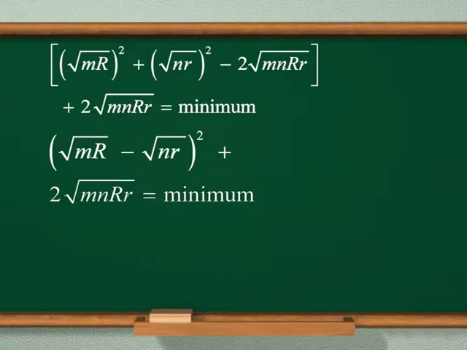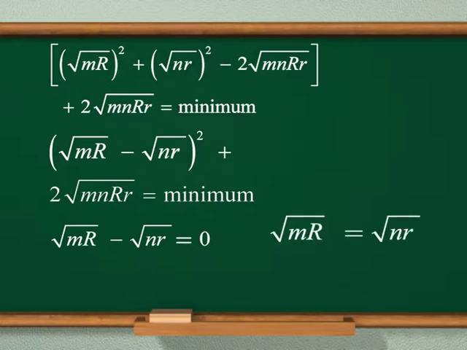This will be so if √mR minus √nr is equal to 0, or √mR is equal to √nr.